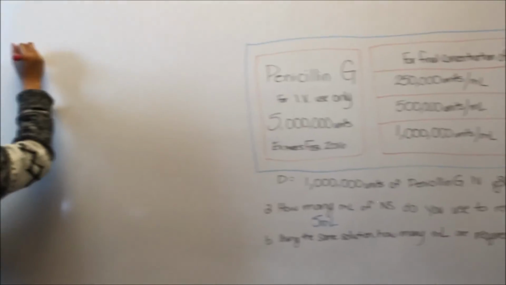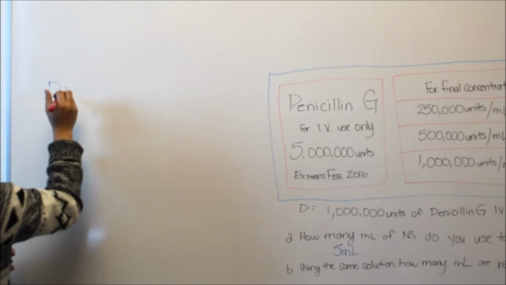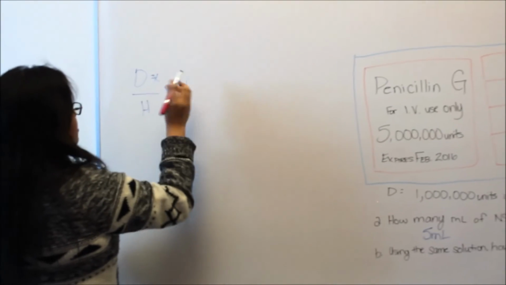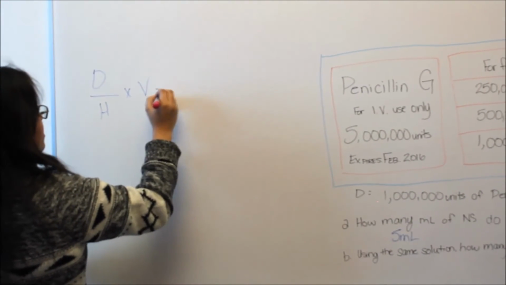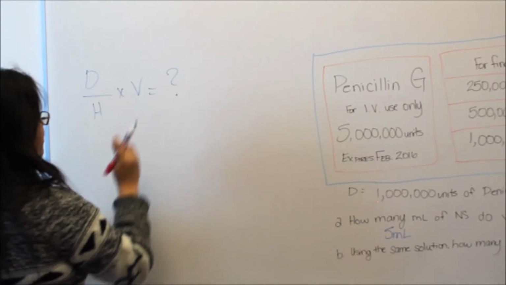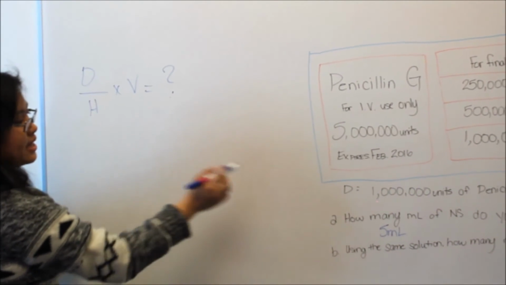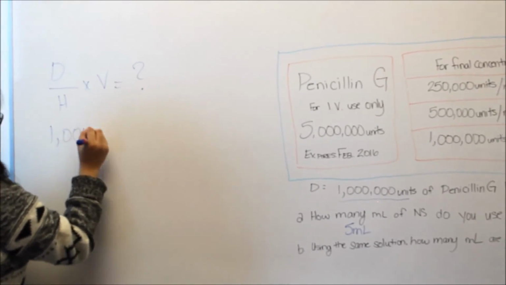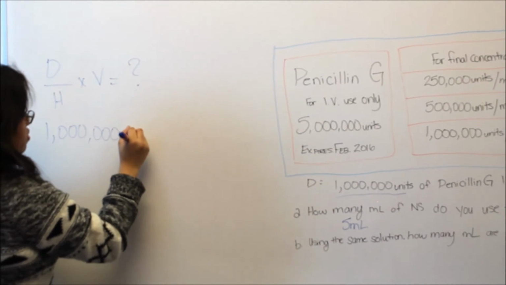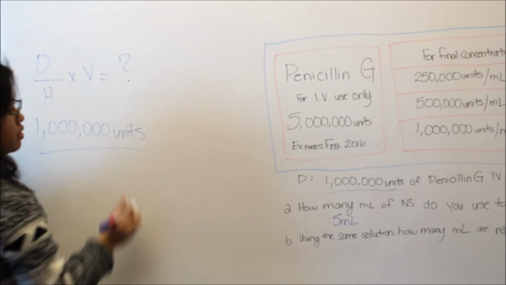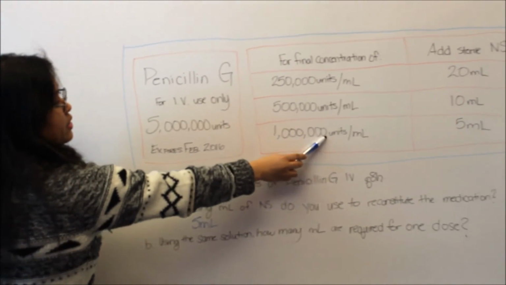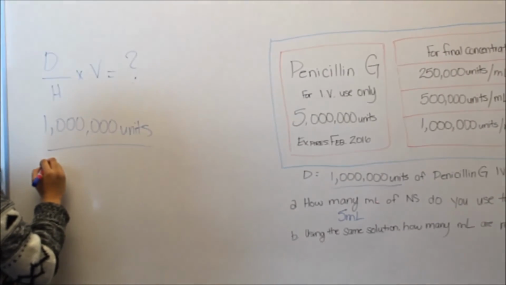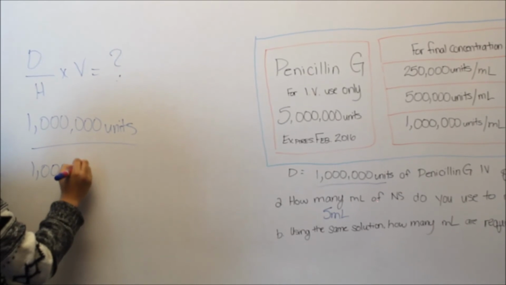And using the formula D over H times V equals X, and this is what we're trying to find. Your D in this case is 1 million units. Your concentration is 1 million units per ml. So what's available? Your H then becomes 1 million units.